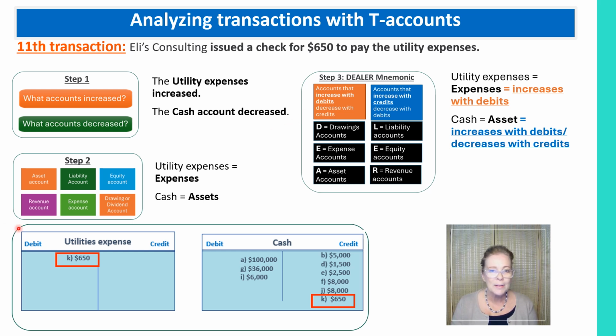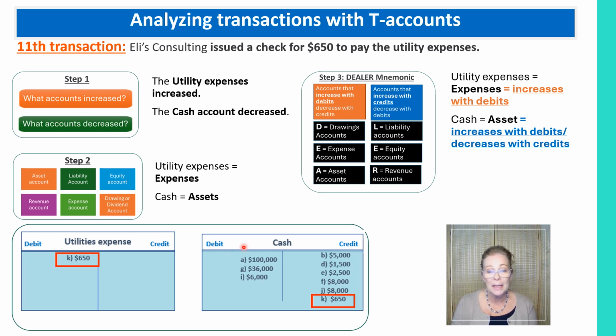We'll now write this transaction using T accounts. We'll set up a new T account for utility expenses and write the transaction ID of K and the amount of $650 into the debit column of the utility expenses account, because we determined in step 3 that we would debit utility expenses. The amount for the cash account decreased, and cash is an asset.